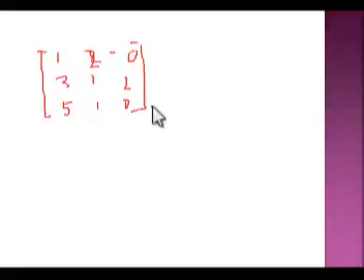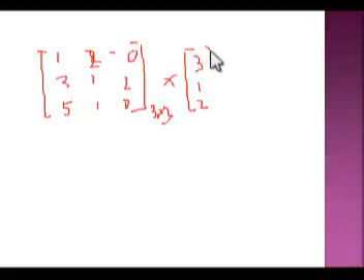This is 3 cross 3, and I want to multiply it with another matrix. I have to take at least 3 rows in the second matrix. So I am taking 3 rows: 3, 1, 2. So this can be multiplied because it has 3 rows. It is 3 cross 1.